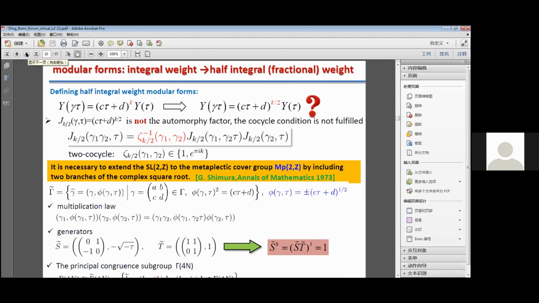If we extend SL2Z to the metaplectic cover, including both branches, gamma with plus and minus the square root, the phi is +1 or -1, both elements, so one gamma corresponds to two elements of MP2Z. Then the modular form will be a linear representation of the finite metaplectic group. So we extend to the metaplectic group just to form a finite linear representation. This is another key point.